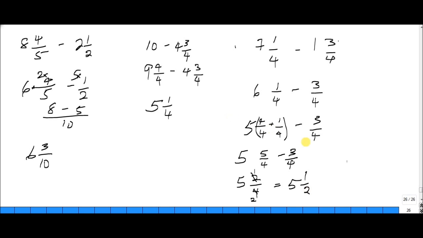Finally, we have 5 minus 7/15. We will change this 5 to 4 and 1, and we take the 1 and it becomes 15/15 minus 7/15.